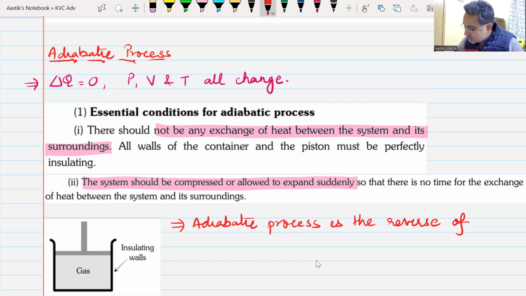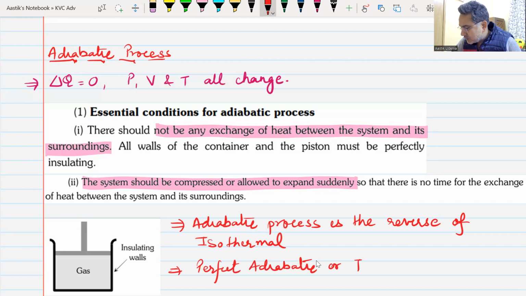Isothermal process. It's the reverse of isothermal process. Perfect adiabatic or isothermal process is not possible. Do we understand this? Yes, sir.